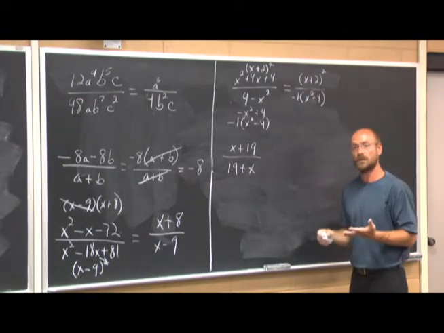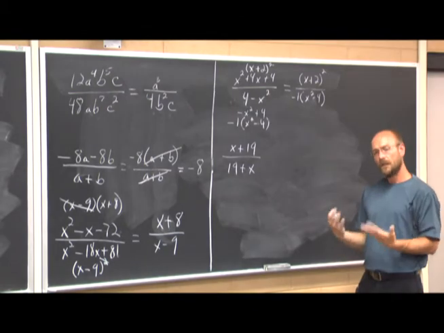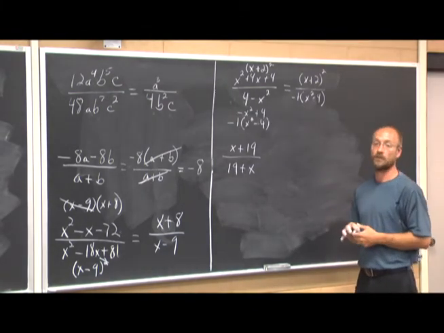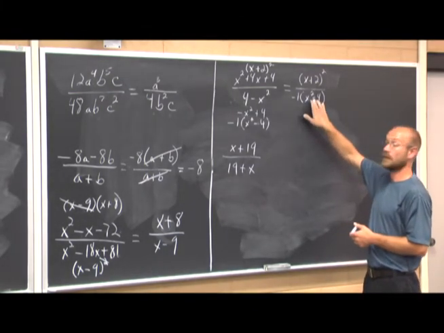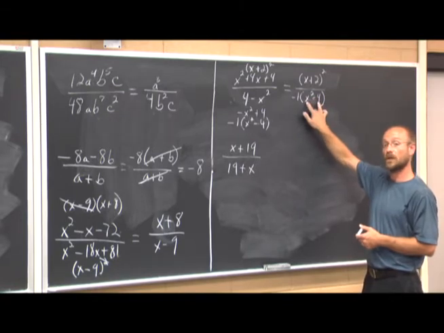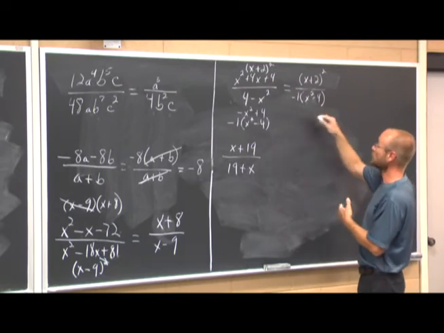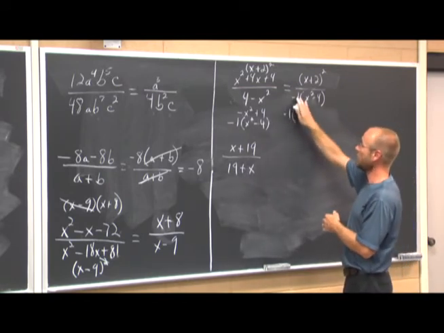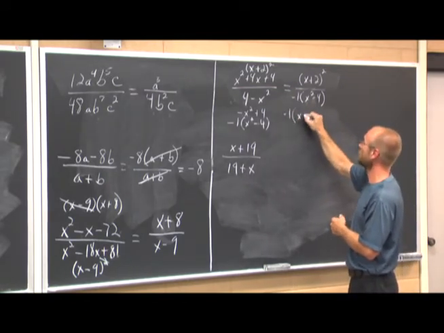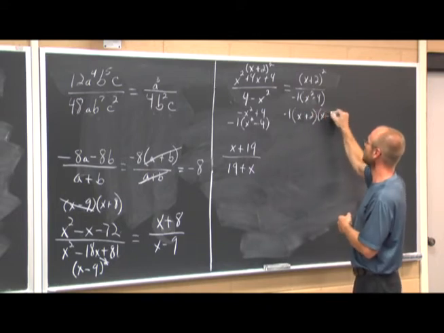One thing we should always check, once we've factored, ask ourselves, can we factor further? Well, we have the difference of 2 squared quantities. I recognize 4 as a perfect square. So it does factor further. That negative 1 comes along for the ride. It's x plus 2, x minus 2.